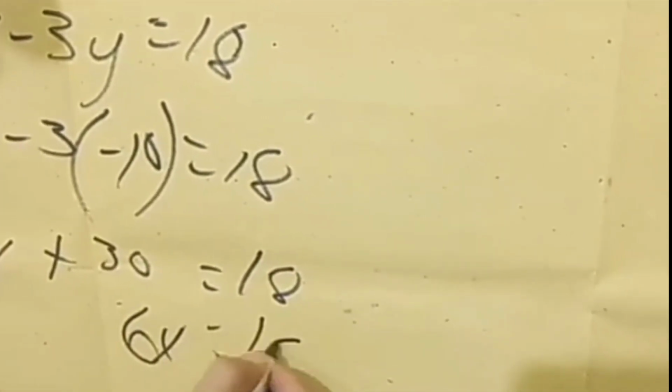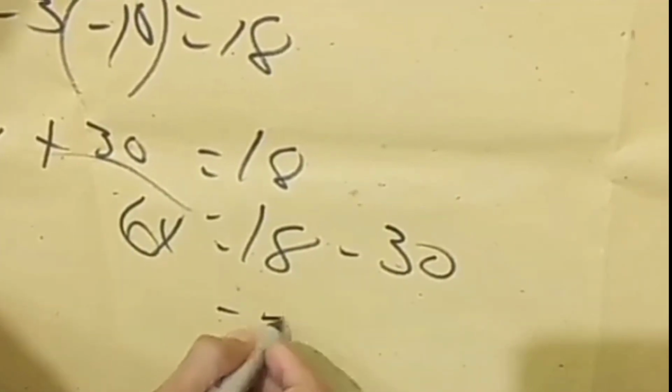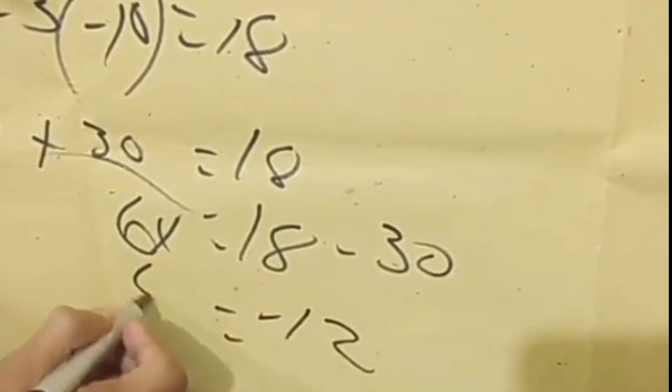Then transpose: 6x, and 18 becomes negative 30. Don't forget to change the sign when you transpose to the other side of the equation. You have now negative 12 equals 6x. Since we're finding x, we have to eliminate the 6, so divide both sides by 6. That's why the value of our x is negative 2.